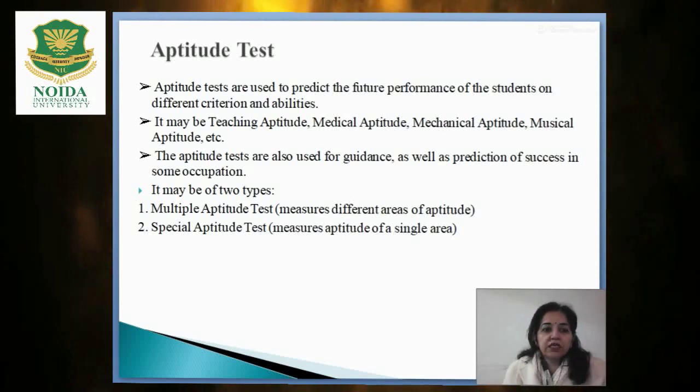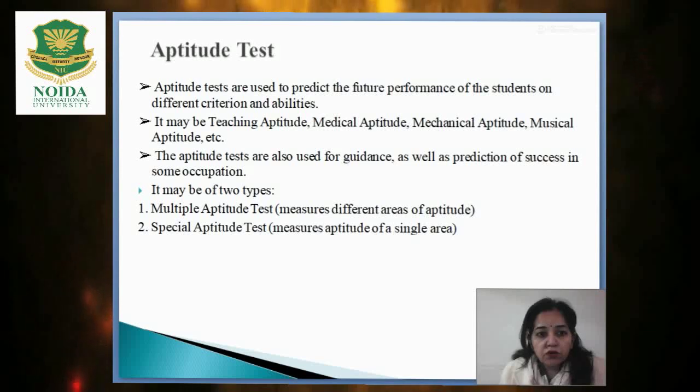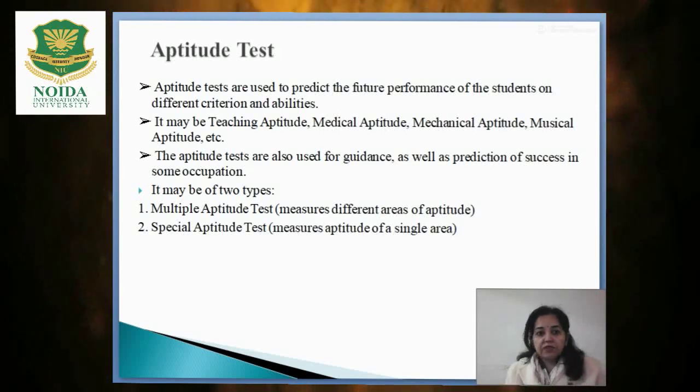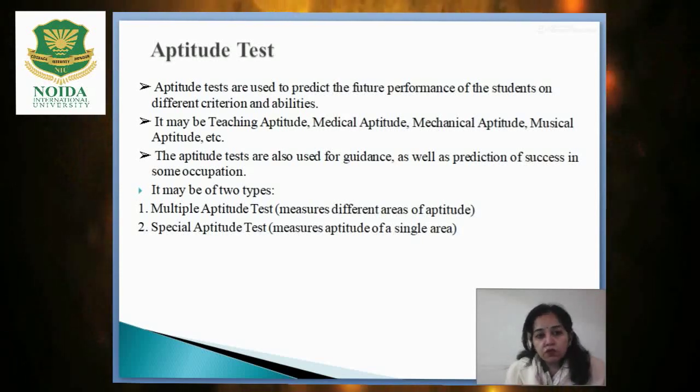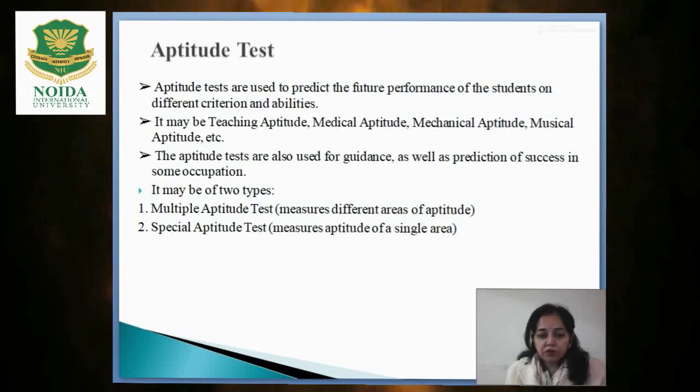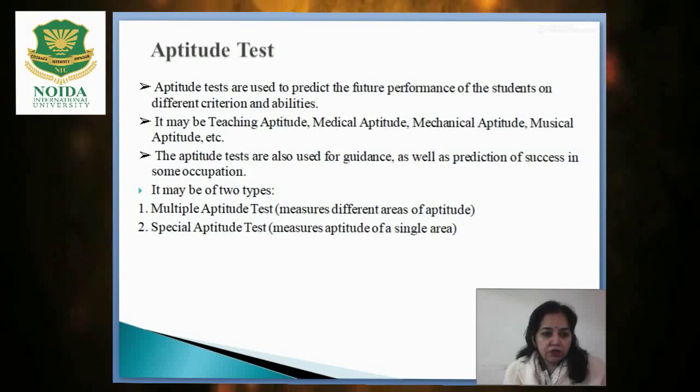So aptitude tests are also used for guidance as well as prediction of success in some occupations. Training or academic courses are possible on the basis of scores on standardized aptitude tests. For example, for pursuing a teacher education program, one needs to have teaching aptitude. For pursuing medical courses, one needs to have medical aptitude.